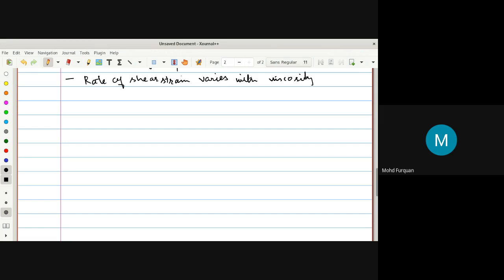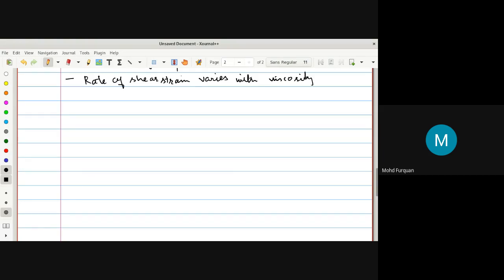Since already some people have left, if I start the continuum assumption, I think some of you will miss that part. So I will keep on talking about the same thing, which is basically this experiment.